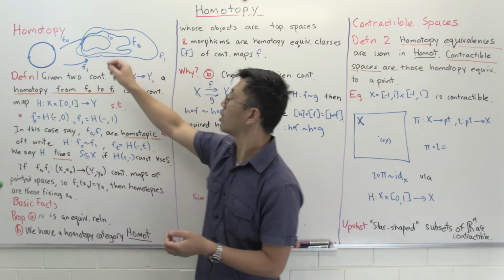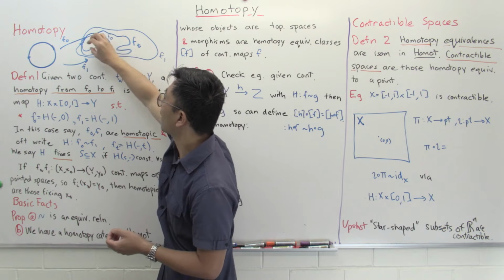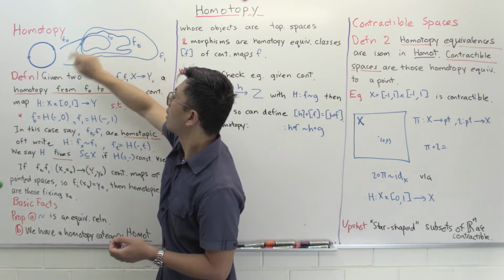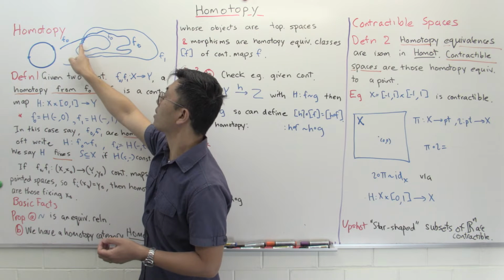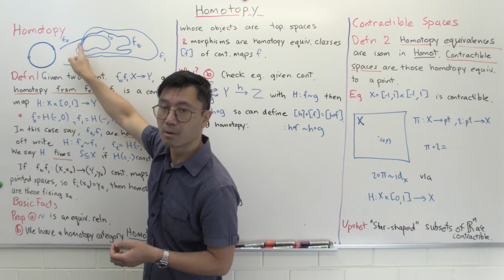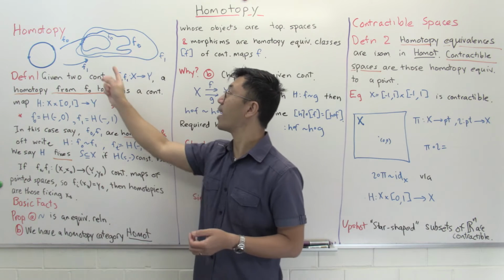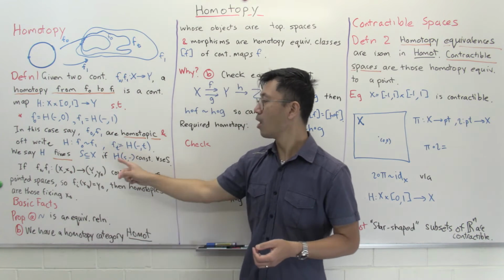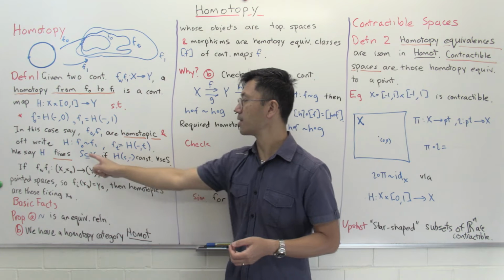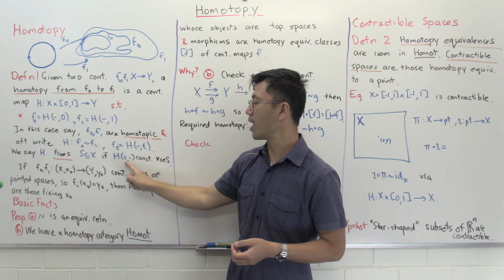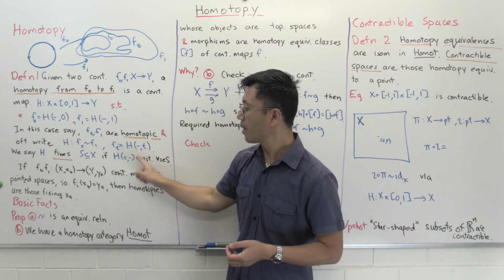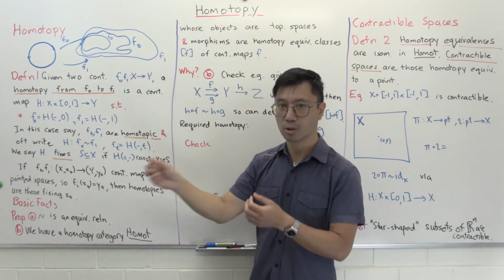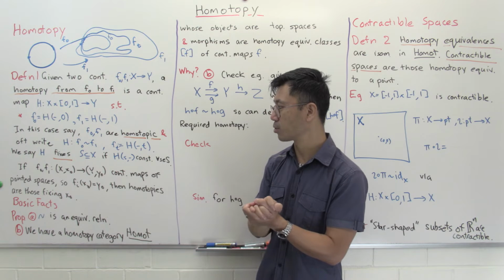Maybe you want, as you're deforming this loop, that at all times this point always gets mapped to there, so it's fixed in time. In that case, we say that H fixes that point, or more generally, it can fix a subset. For each point s inside this subset, you look at H_s, and over all time this map is constant with respect to time. It doesn't move as you go from time t equals 0 to t equals 1.